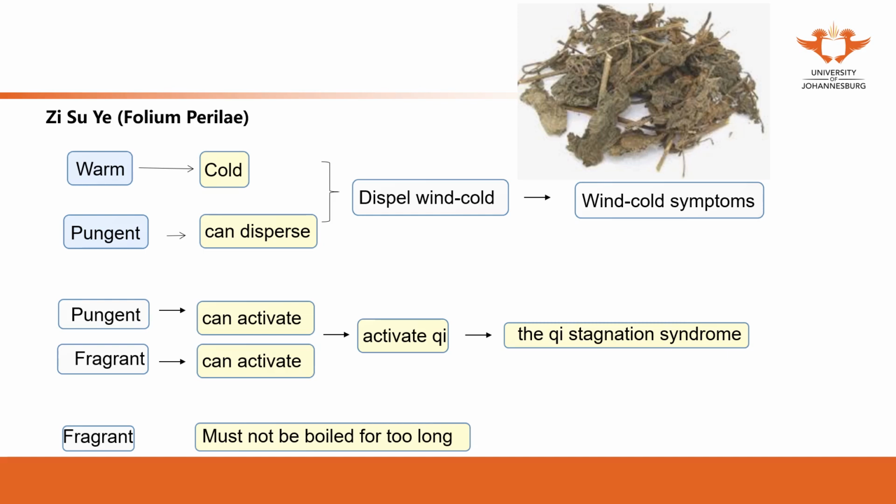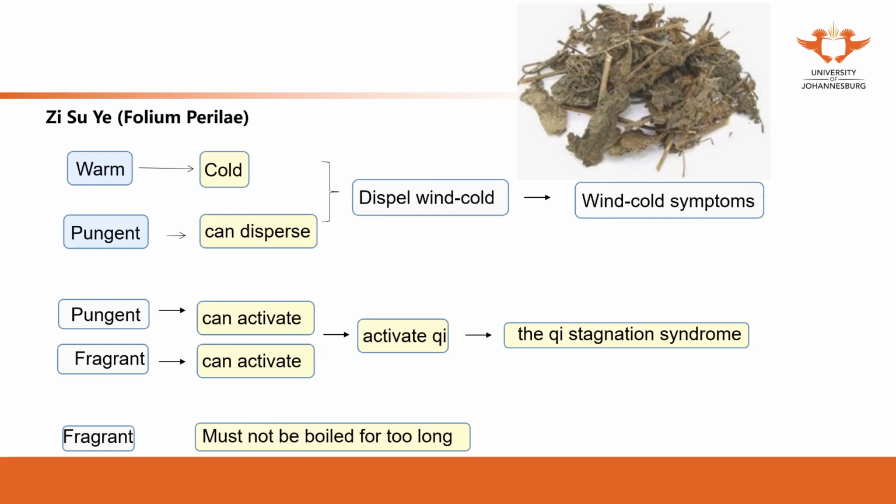For example, if qi stagnation happens in a pregnant lady, in the uterus, the patient may present with threatened miscarriage. So in this situation, we can use Zisu. Zisu can be used for threatened miscarriage due to qi stagnation.